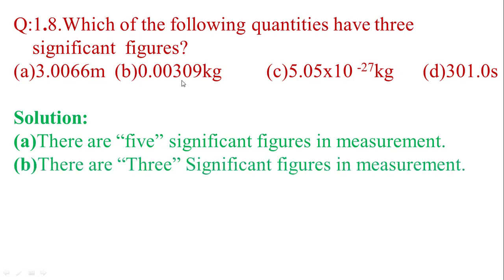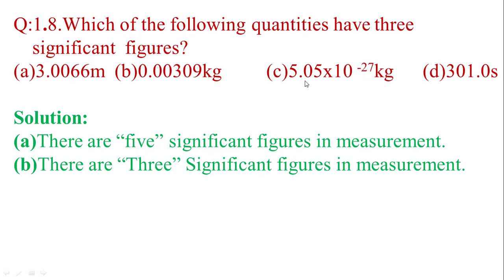In part B, we can see 0.00309. So 309 are the significant digits, so there are three significant digits in this measurement. In part C, 5.05 multiplied by 10 raised to the power minus 27 kg.